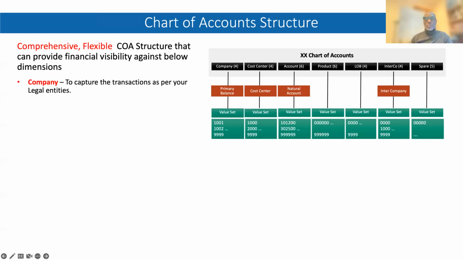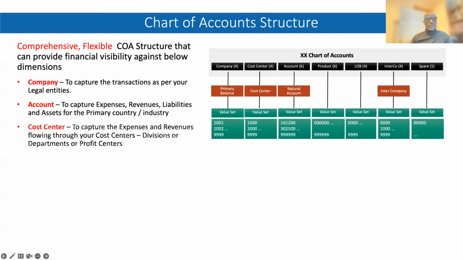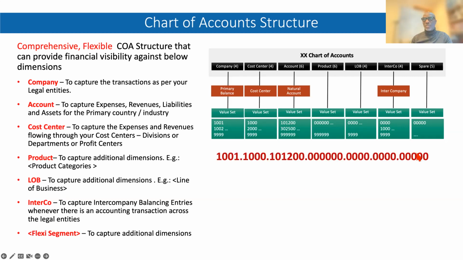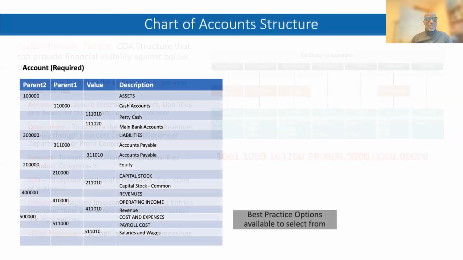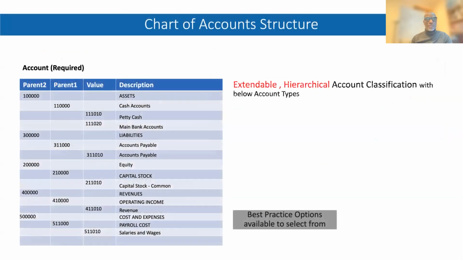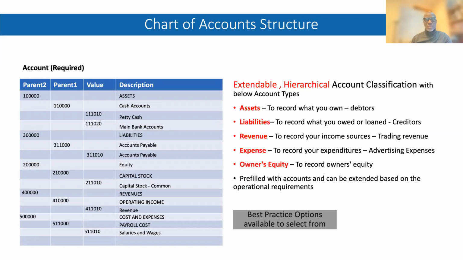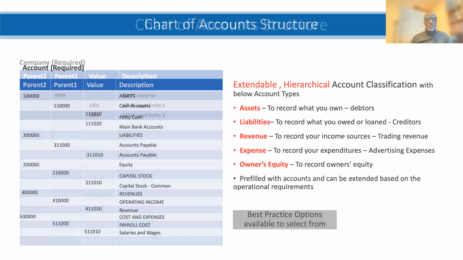So we have the company, the account, cost center, product, line of business, and intercompany, and we have a structure that looks similar to this. And then the hierarchy structure will possibly look something like this. Again, we'll be using best practice. I'll give you some examples on this when we get to building this next week.